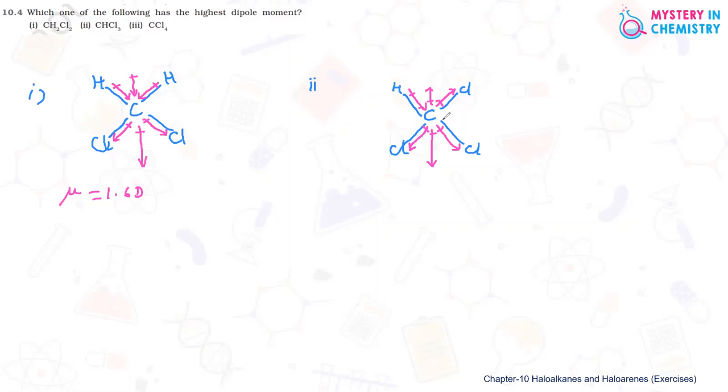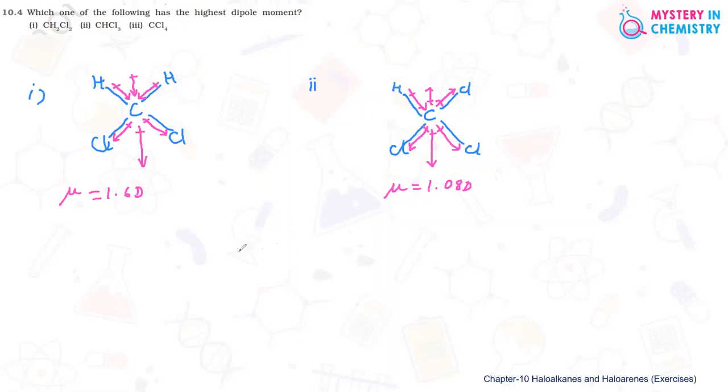Since the resultant of one carbon hydrogen bond and one carbon chlorine bond is smaller than the two carbon chlorine bonds, CHCl3 has a smaller dipole moment as compared to the first one, and it is equal to 1.08 D.